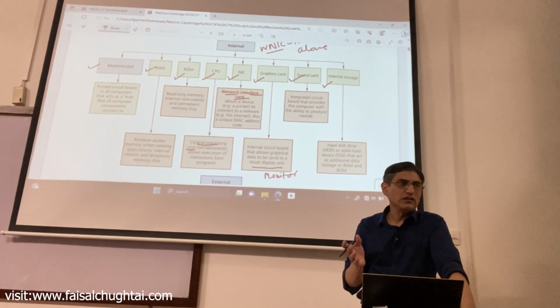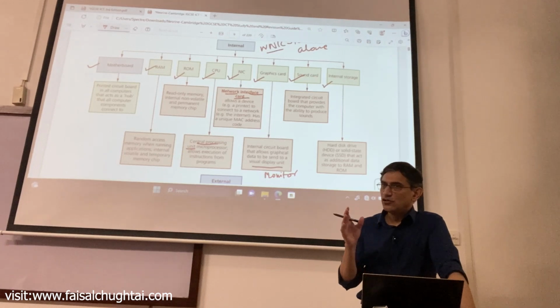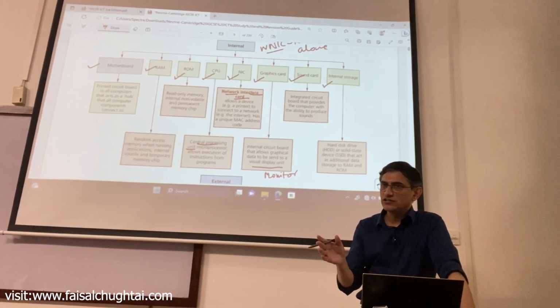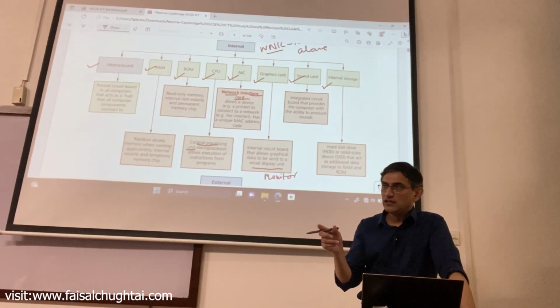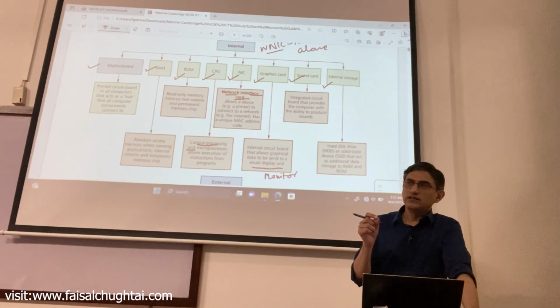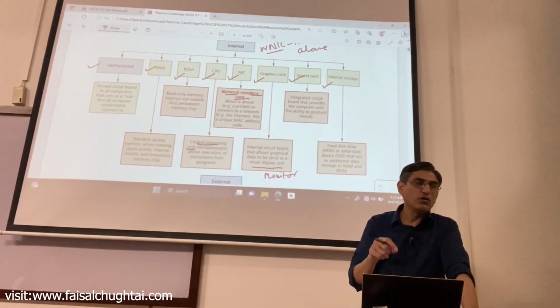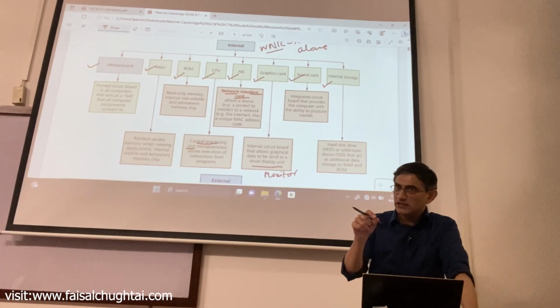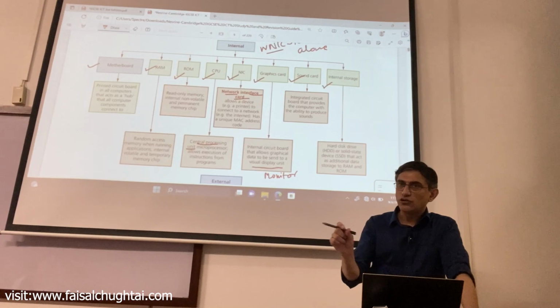RAM stores data temporarily and it is volatile, whereas ROM stores data or instructions permanently and it is non-volatile. These are two examples of memories which are inside the computer, and they are part of the main circuitry of the computer, which is fixed onto the motherboard.